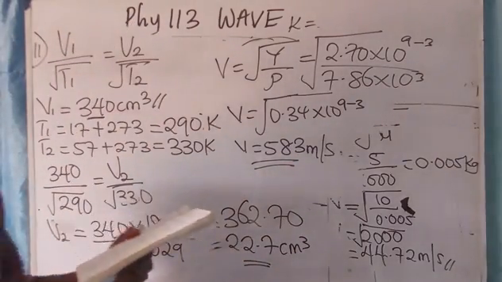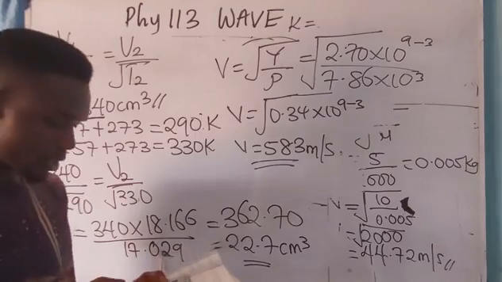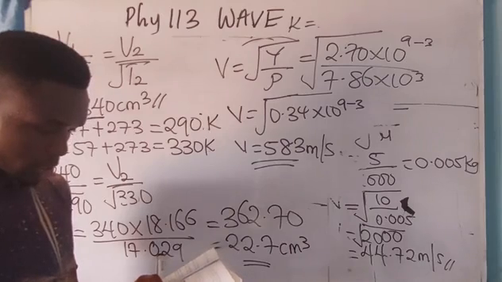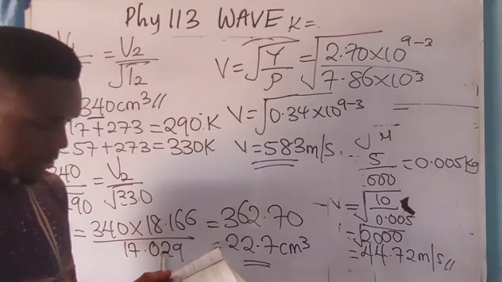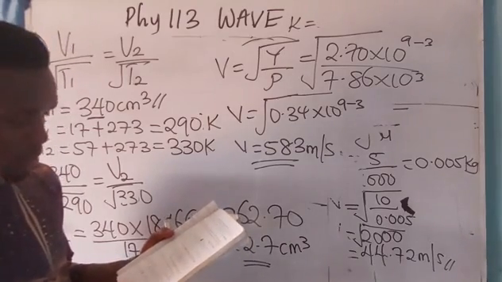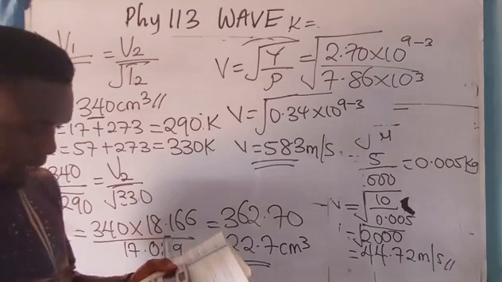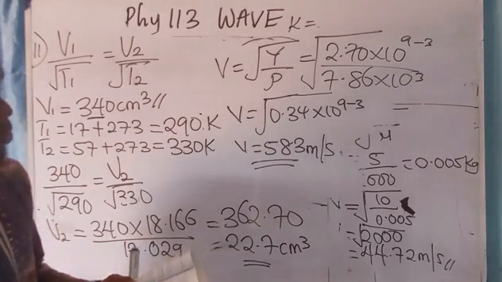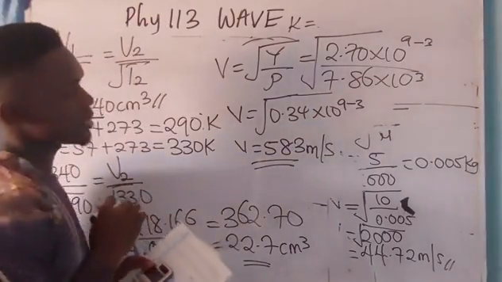So the answer is 586? I'm having 583. Let me do it again. Square root of 0.34 times 10 raised to power 6 equals 583. Are you sure I did not make a mistake? 2.70 divided by 7.86 equals, so I understand now.